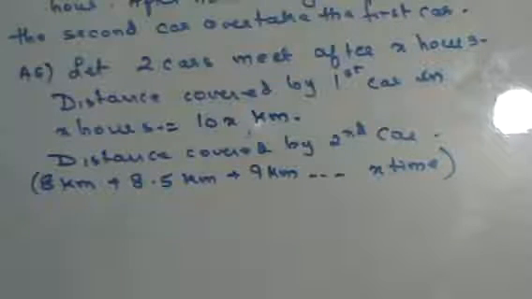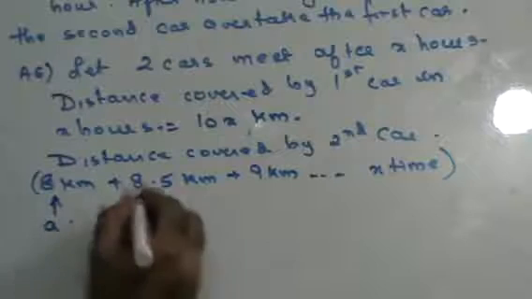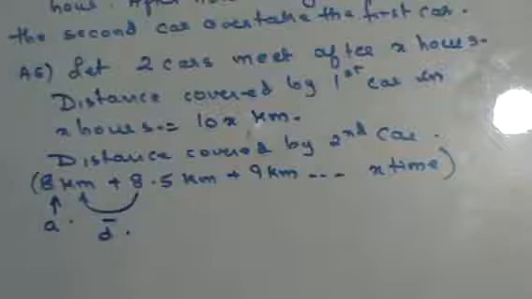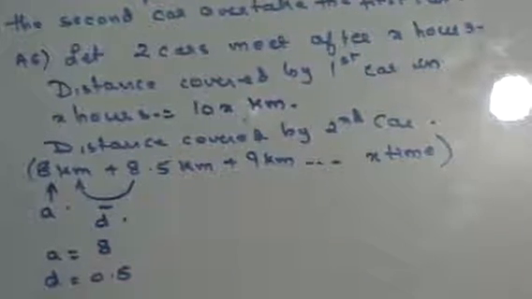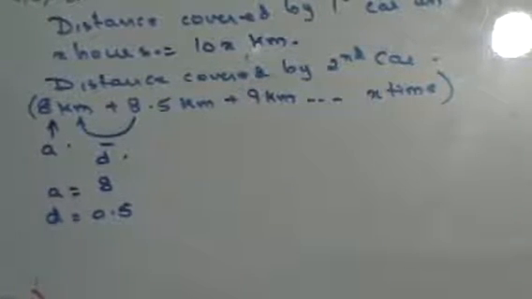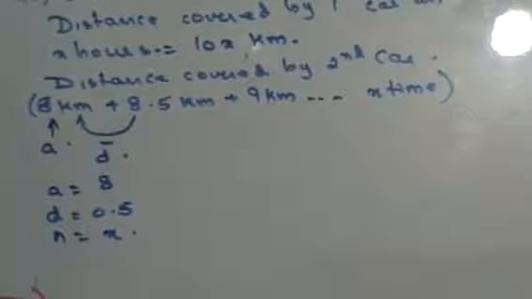Therefore such a set of numbers is called an arithmetic progression, or AP, where this is called the first term and this difference is called D. So I can say A is 8, D is 0.5, and N is X, because after X hours we are assuming that they will meet.